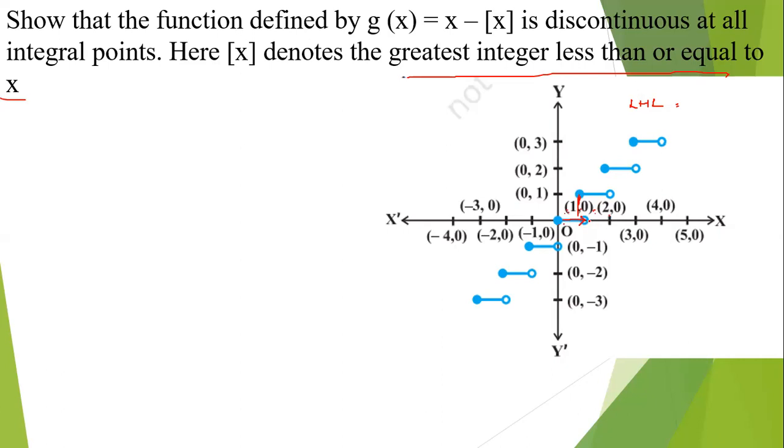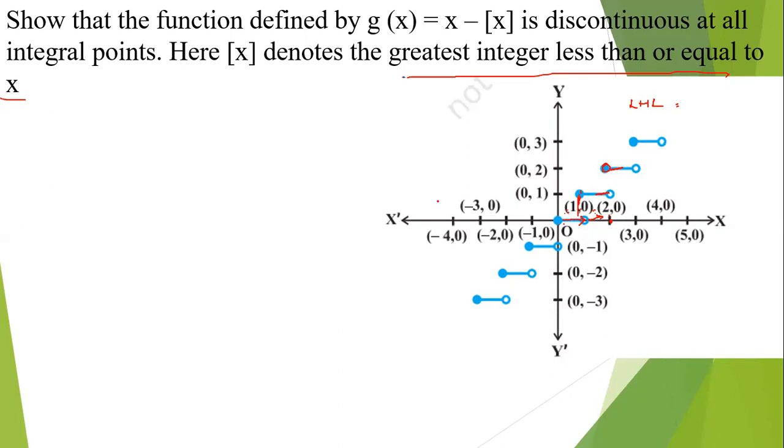But the right hand limit will be the same value. For 1, the left hand limit will be 0 and the right hand limit will be 1. For 2, if you take the left hand limit, what is the value? It is 1. But if you take the right hand limit, it is 2. Correct? The left hand limit is always 1 less than the value you take as x.